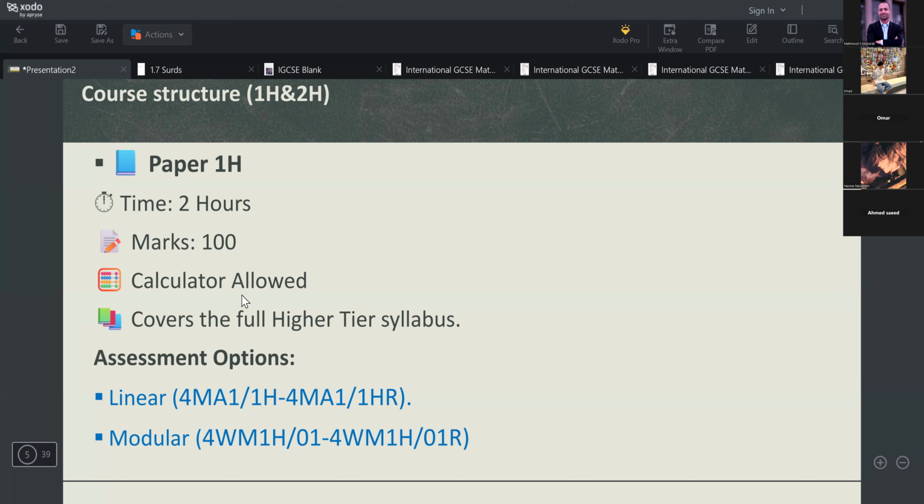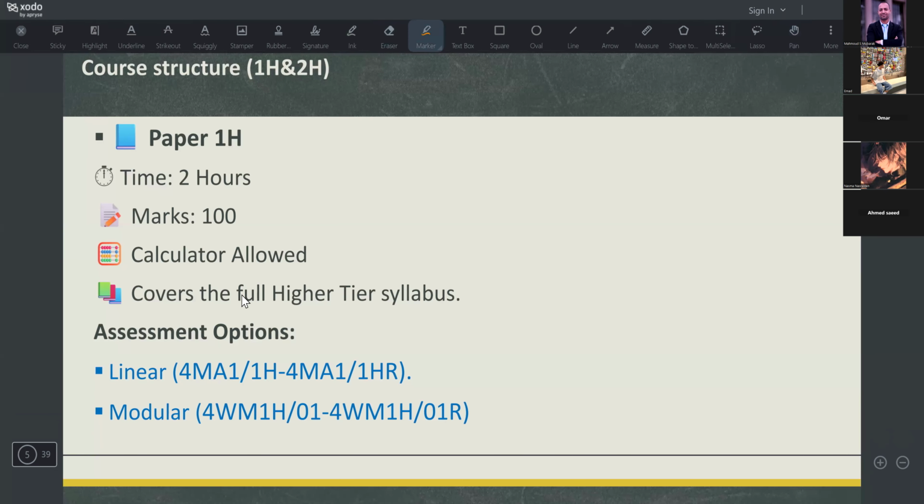Assessment options. We have two options for assessment. Linear paper: here you find the paper code. We have two different variants.